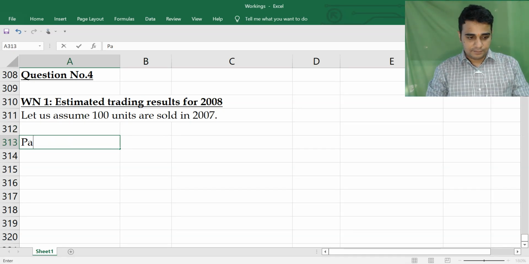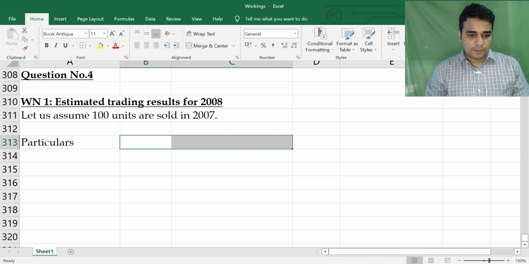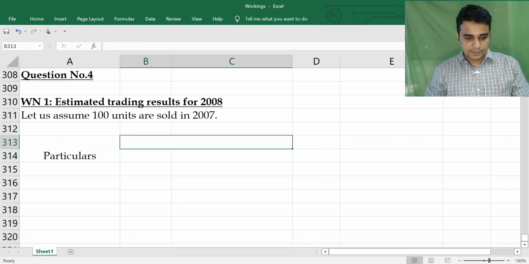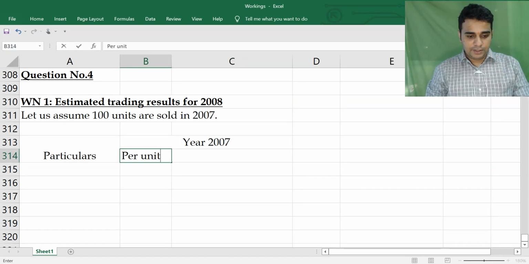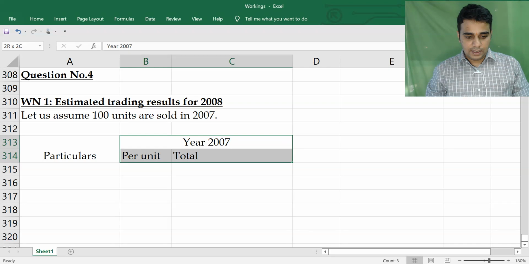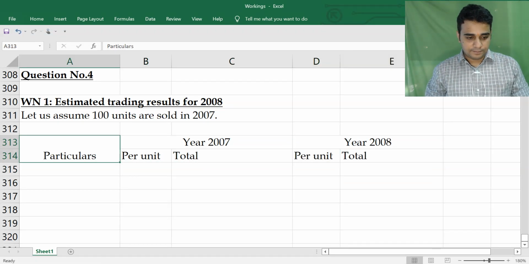Particulars, year 2007, per unit, total, and then 2008 per unit, total.